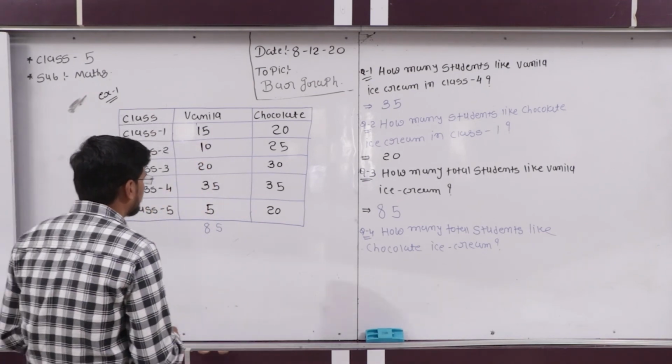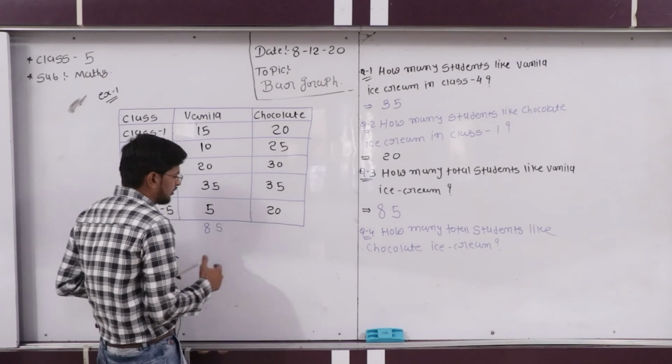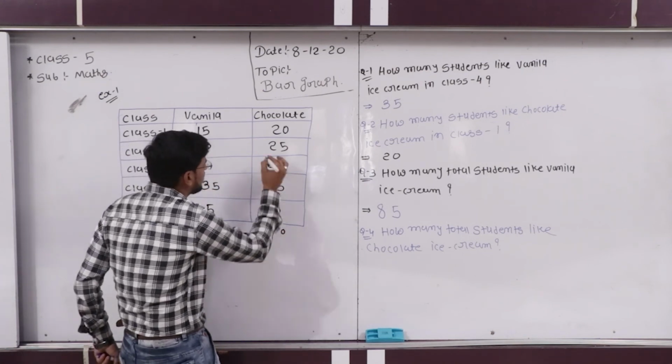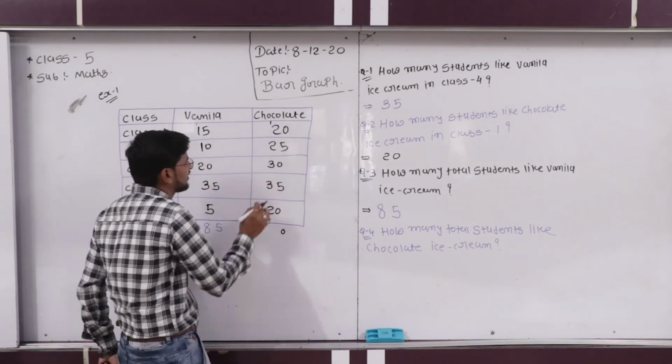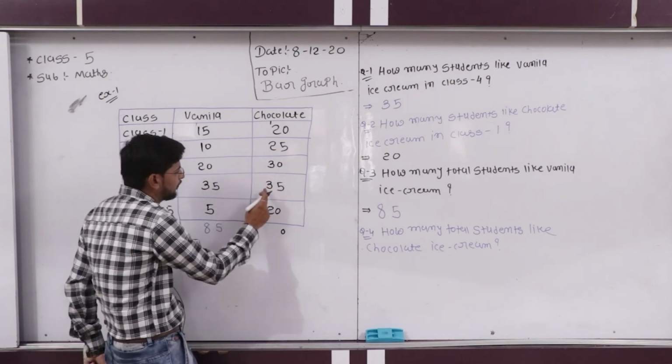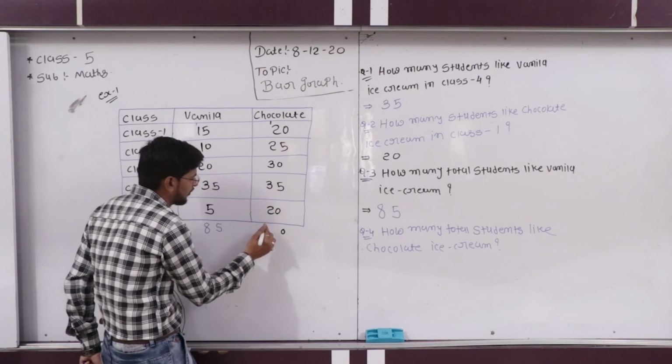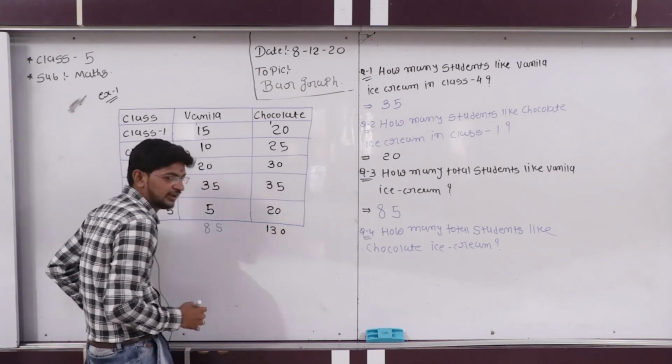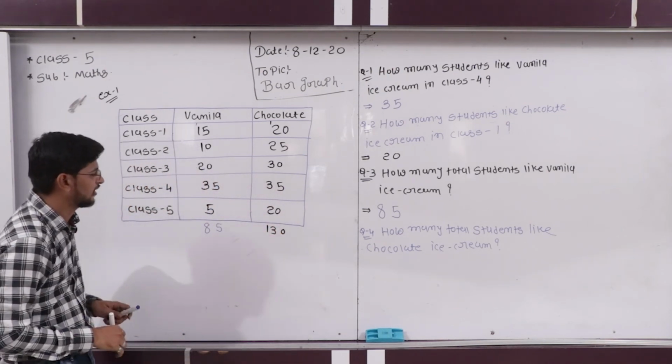So now count it. 5 plus 5, 10. So 0 is here and 1 is carried on the 2. 2 plus 1, 3. 3 plus 2, 5. 5 plus 3, 8. 8 plus 3, 11. 11 plus 2, 13. So total students is 130.